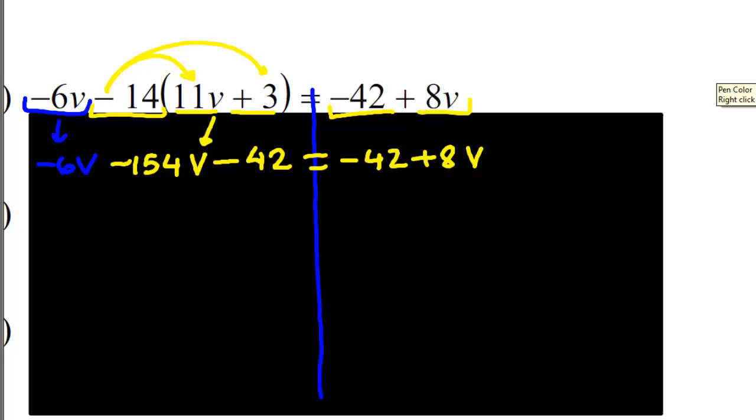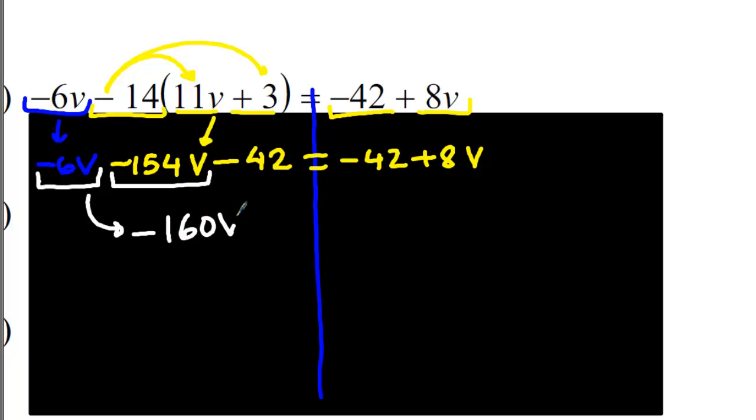On this side, you can combine the negative 6b and negative 154b. They're going to give you negative 160b minus 42 equals, you carry that down, and you carry that down.